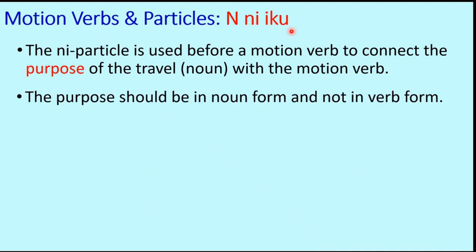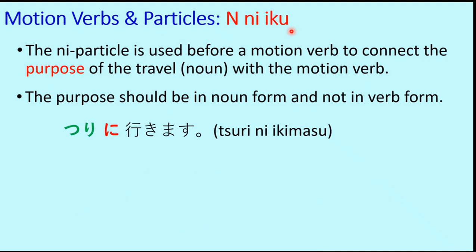It has to be remembered that the purpose should be in the noun form only and not in a verb form. If it is in a verb form, it can also be connected with the motion verb, but that we will learn in a subsequent lesson. Today, our purpose is to understand how a noun which denotes the purpose is linked with the motion verb using the ni particle.